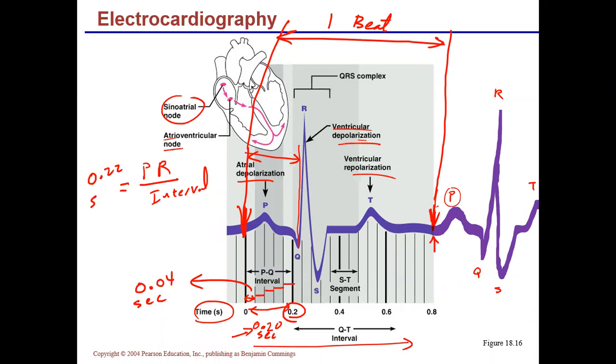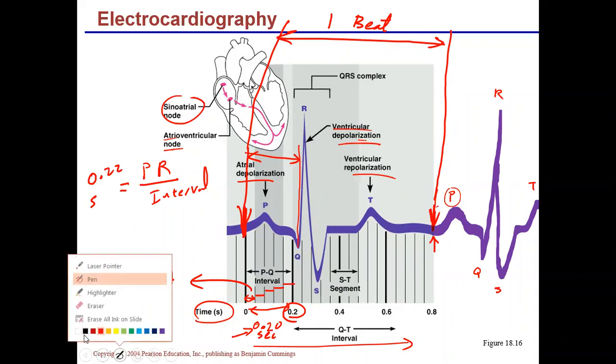But if I wanted to do the heart rate, how do I calculate this? In other words, how long is it taking? All right. So we've got to figure it out by doing a simple calculation.